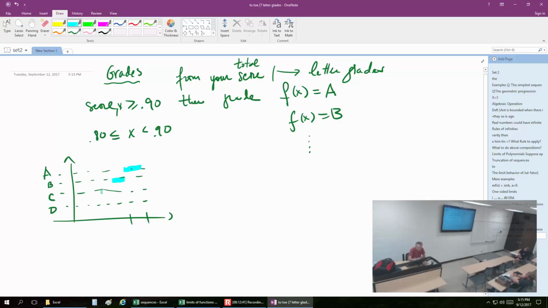It is like a step function that changes every time we move through one of those cutoff points. So 0.90 is a cutoff point. Just looking at the graph, you can tell what the problem with cutoff points is. What is it?